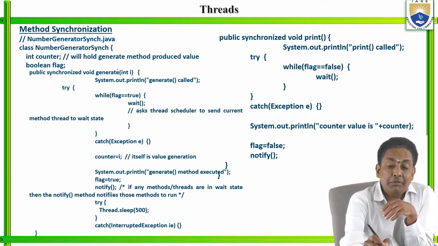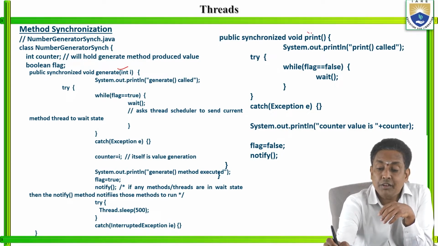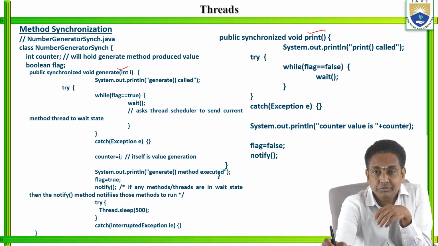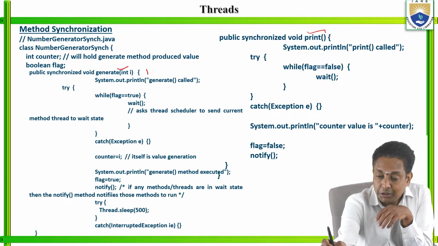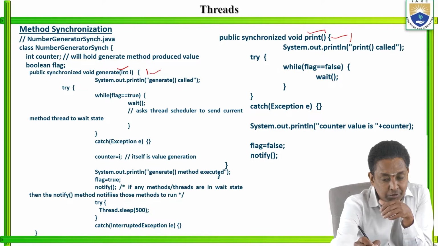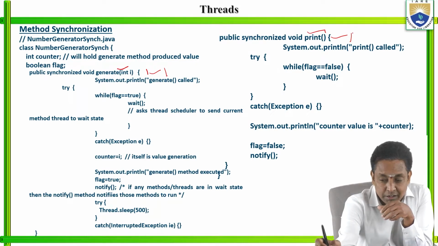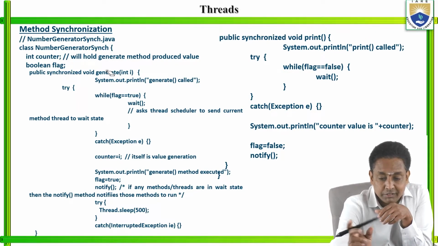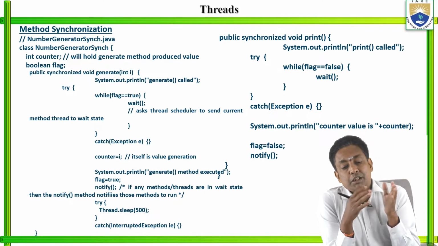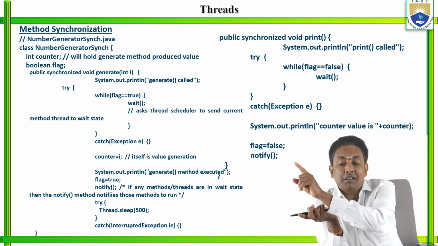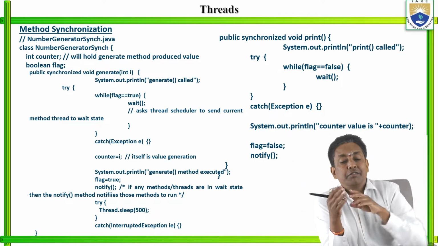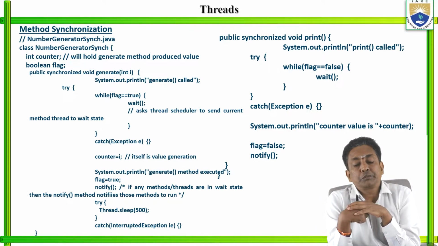Once the generate method produces one value, it should be interrupted, then the print method should execute and consume it, then it should be interrupted, then the generate method will produce one more, and so on. Each method, soon after its execution is completed, should wait until the second method's execution is completed. Once that is completed and interrupted, the first method will execute again.